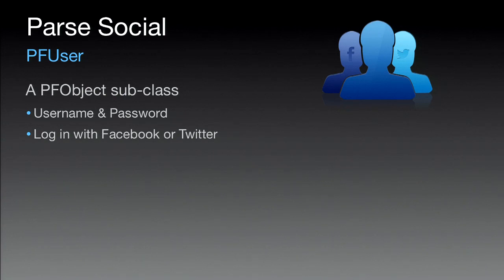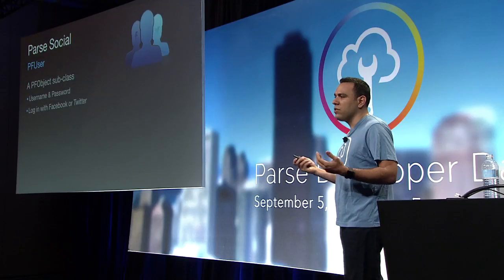It has special fields that can be used for username and password. Usernames are automatically unique across the entire table. And not only can you use username and password to authenticate your users, you can let them log in with Facebook or Twitter. Or you can use any combination of these authentication methods.